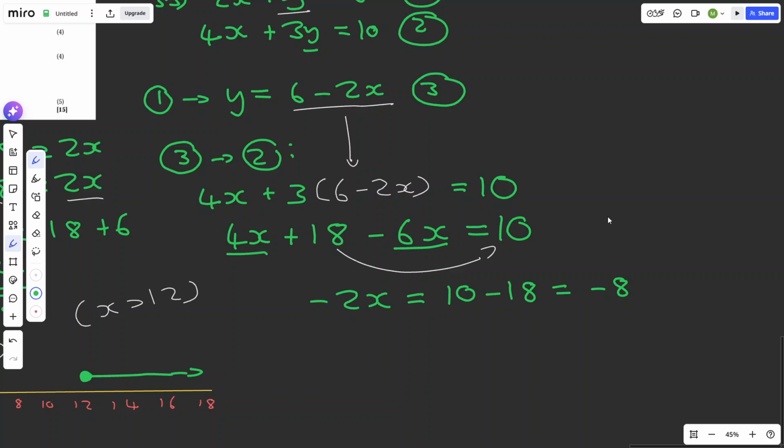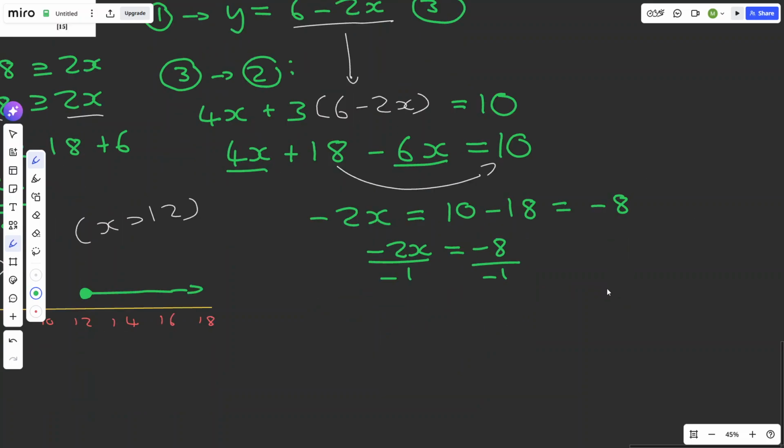So now we have minus 2x is equal to minus 8. Both sides are negative, so we can just divide by minus 1, and then we have 2x is equal to 8.